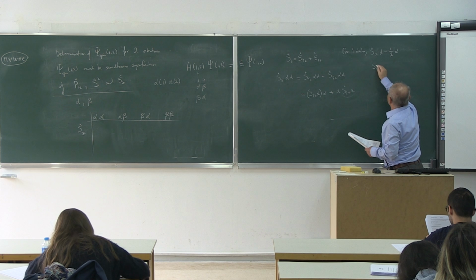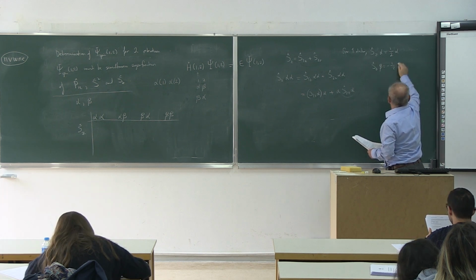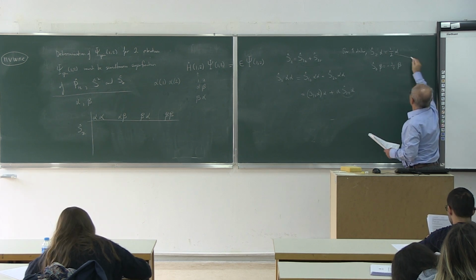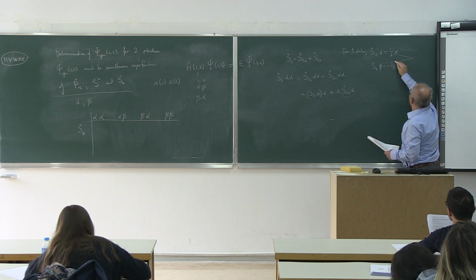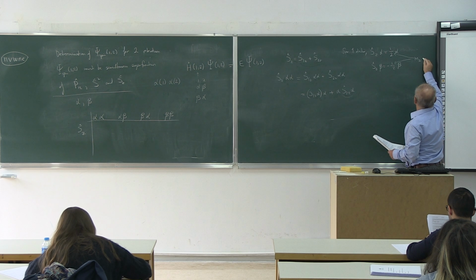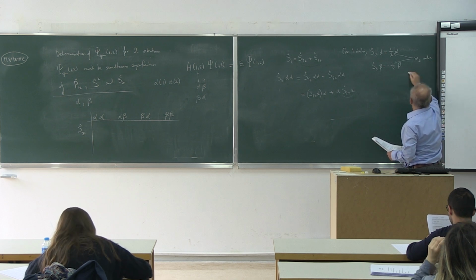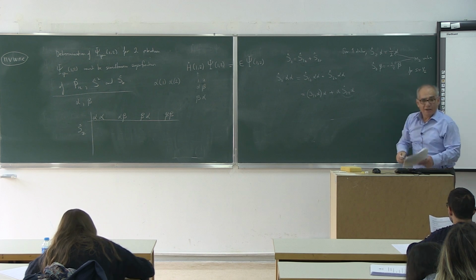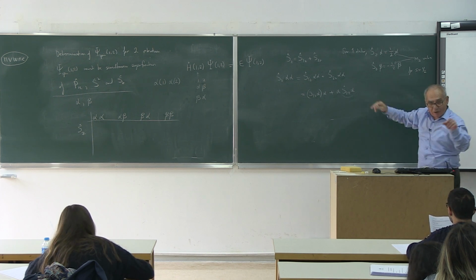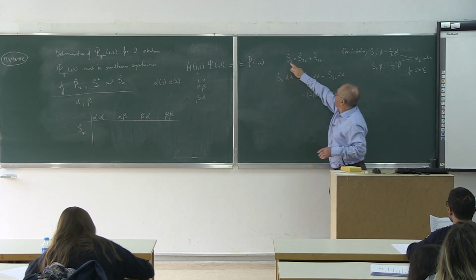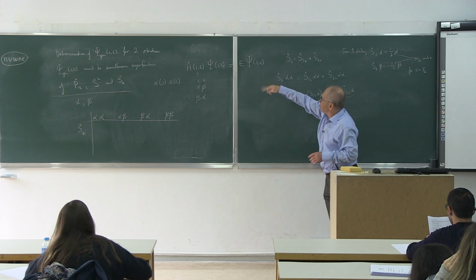And sz for the beta function is minus 1 over 2 times beta. These are ms values. Here, s is a small letter, not a capital letter as I'm writing here, or for the quantum numbers.